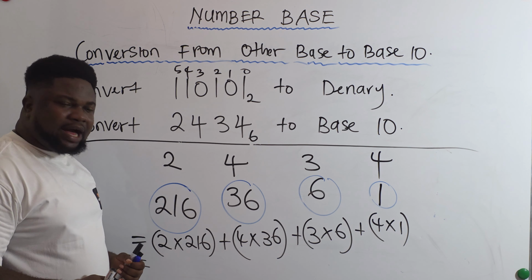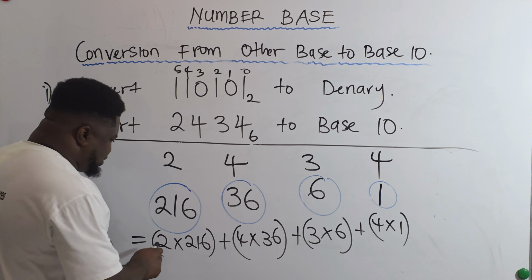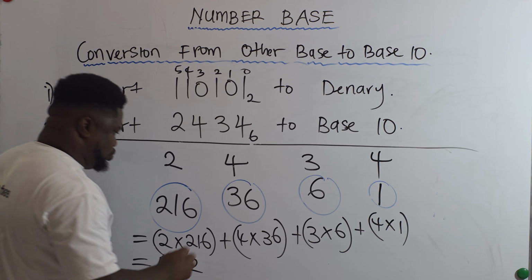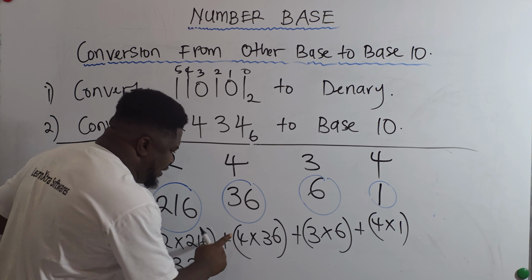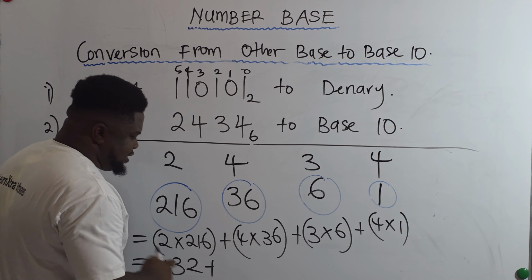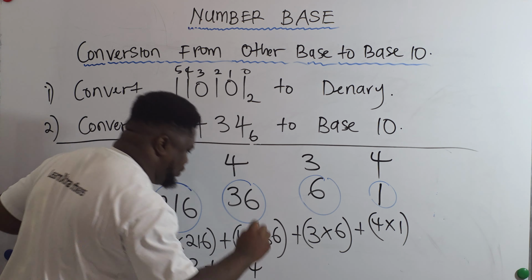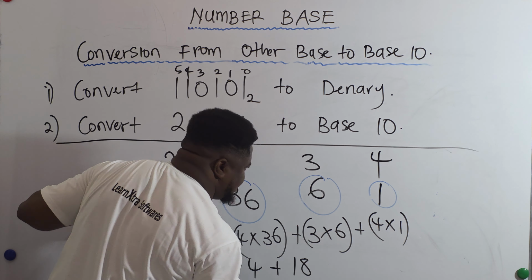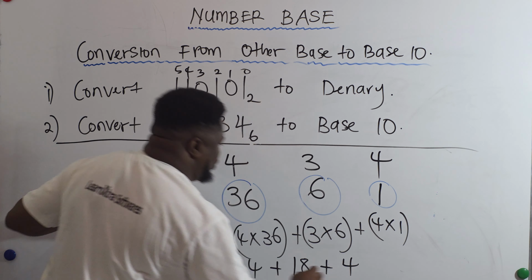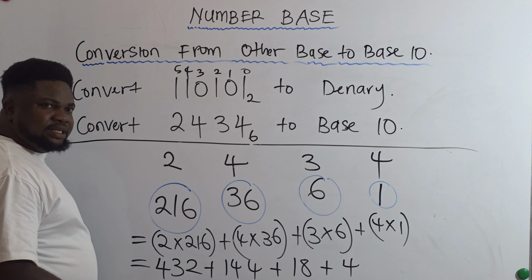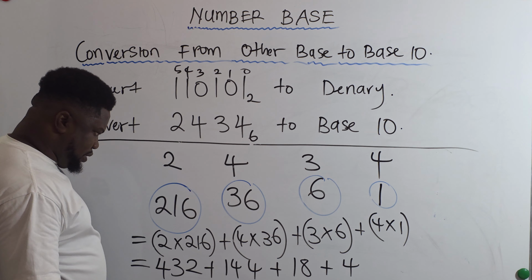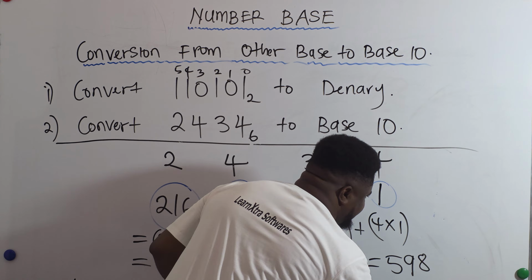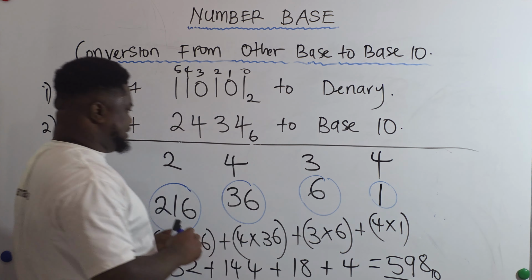That will be 432. Plus 4 times 36, that will be 144. Plus 3 times 6, that's 18, plus 4 times 1, 4. If I add all these together, I'll have 598, and that is the answer in base 10.